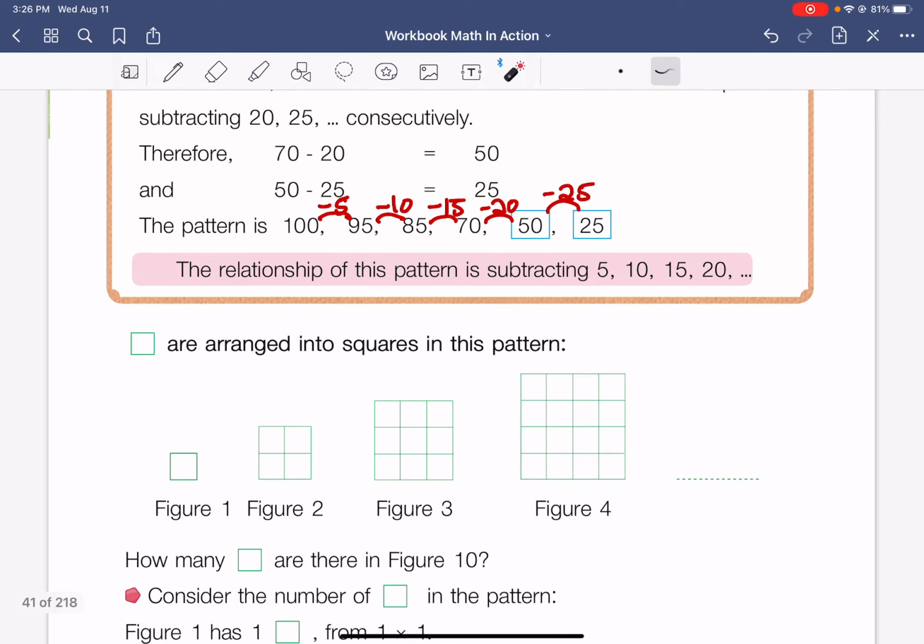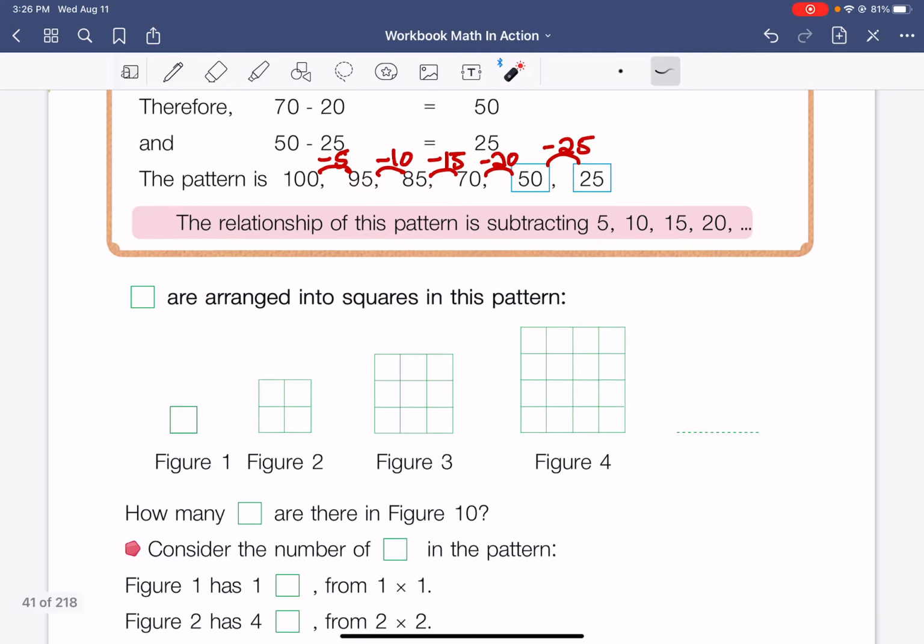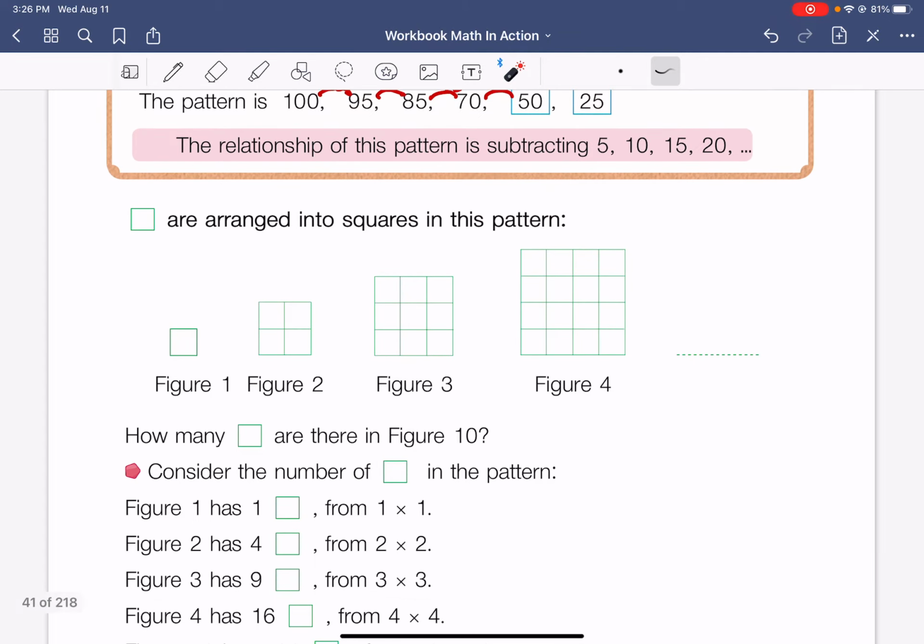The relationship of this pattern is subtracting 5, 10, 15, 20, 25, 30. We're adding 5 every single time and subtracting more and more. So here we take a look.